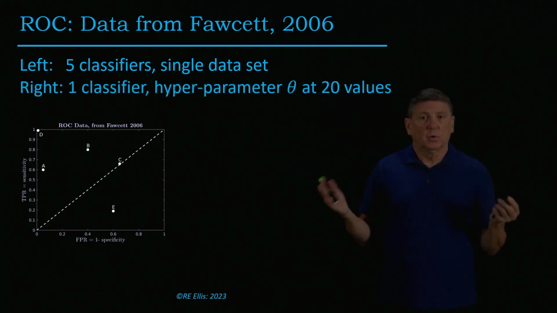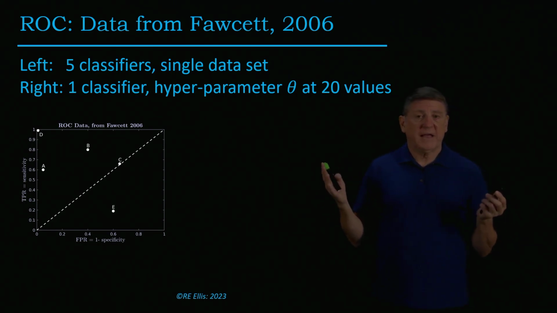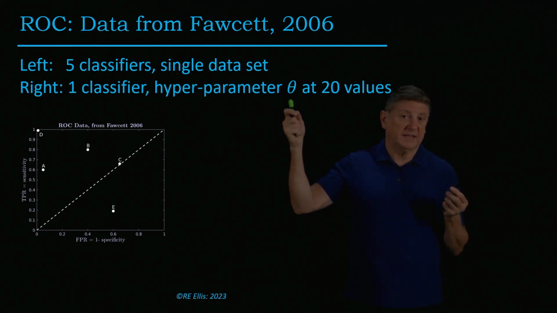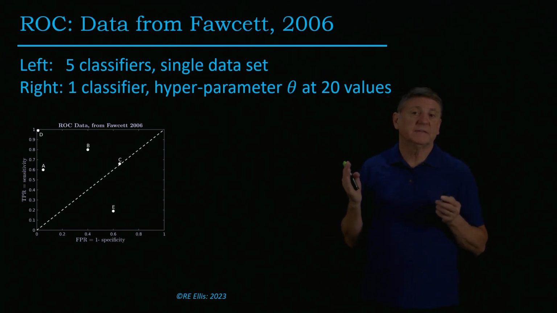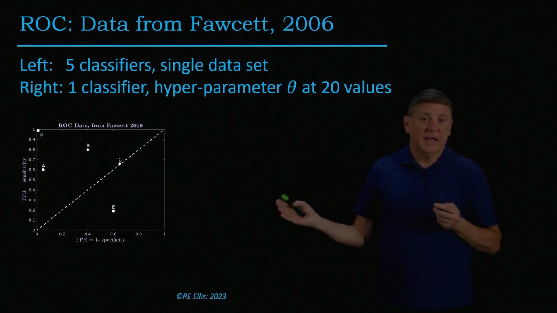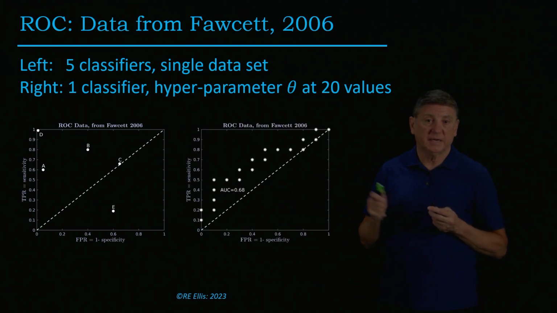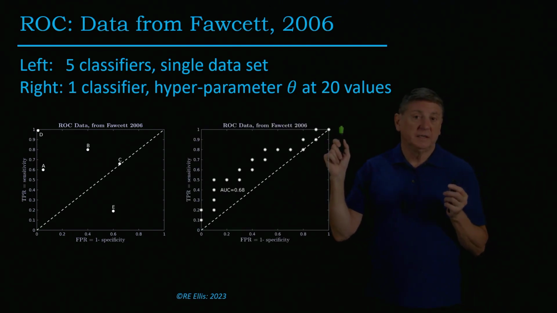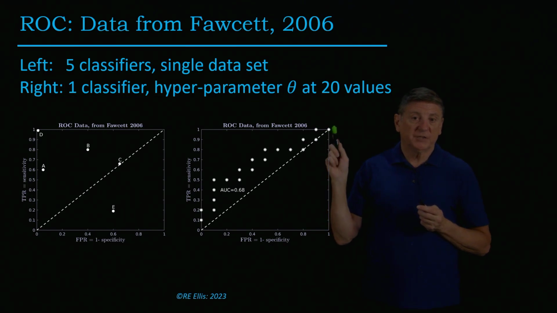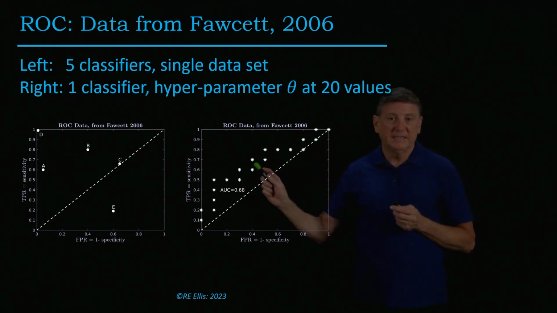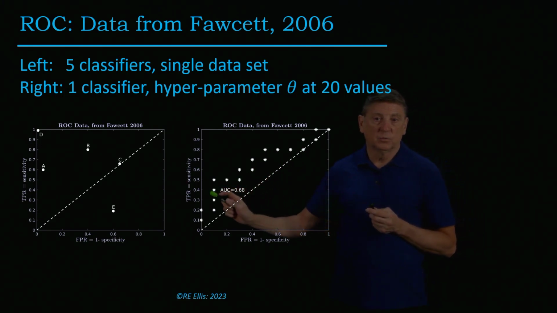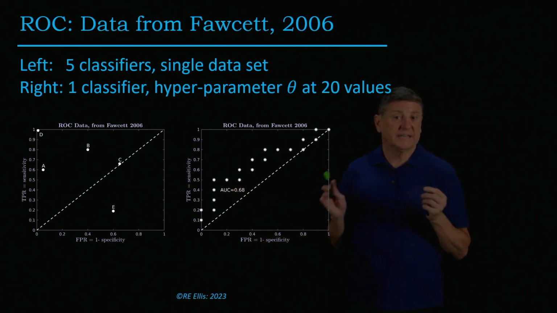On the right, suppose that we have a hyperparameter, which we'll call theta, very commonly used as a threshold, and suppose that we can vary this threshold and we have 20 settings for our hyperparameter. We start with a low hyperparameter, and then as we increase it, this gives us a set of receiver operator characteristic points.